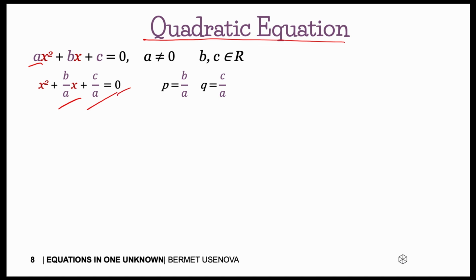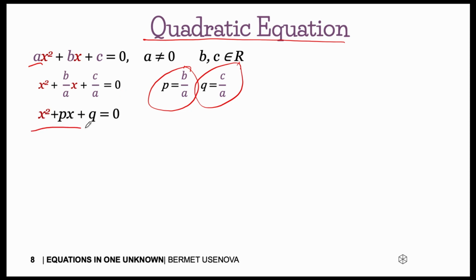Next, we introduce new letters, p and q, because it's not very convenient to write b divided by a and c divided by a all the time. It doesn't look good to have fractions in equations. So we rewrite them as p and q, and we get the normal form of the equation, which is x squared plus px plus q equals 0.